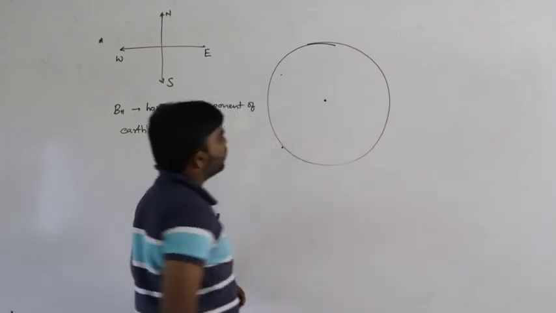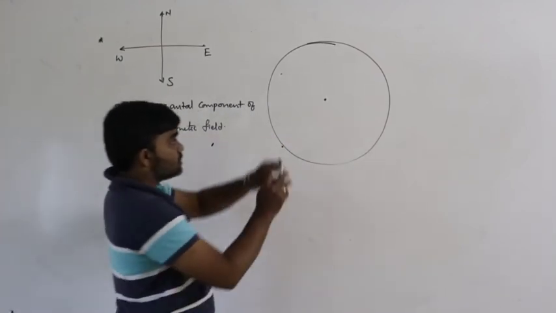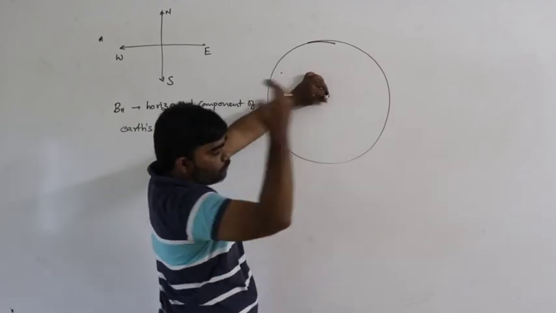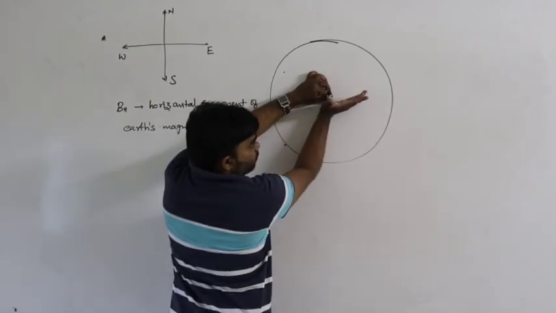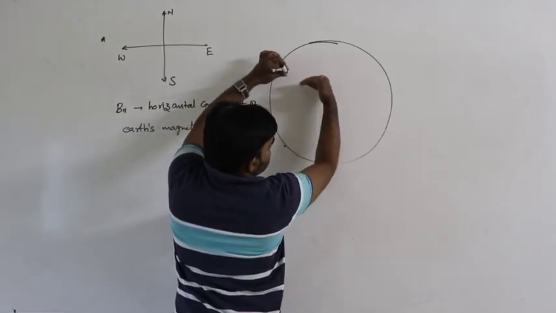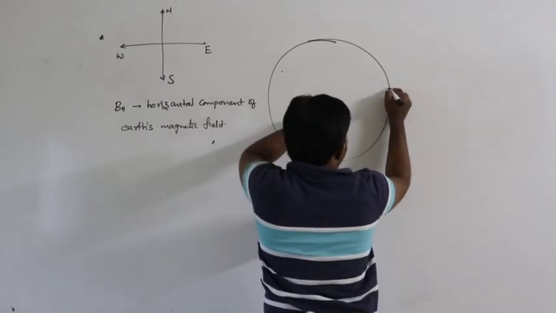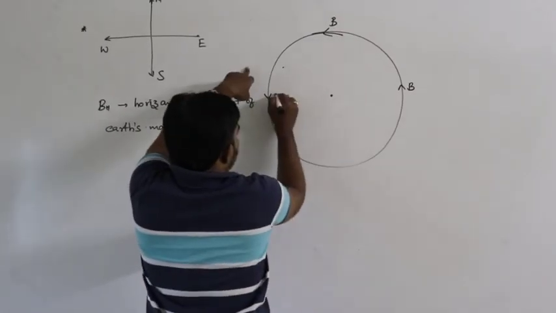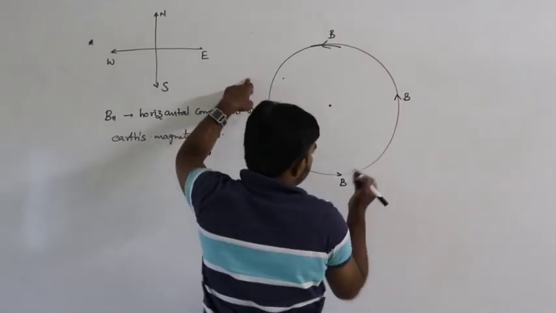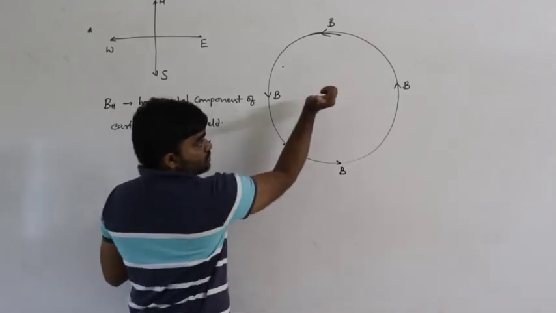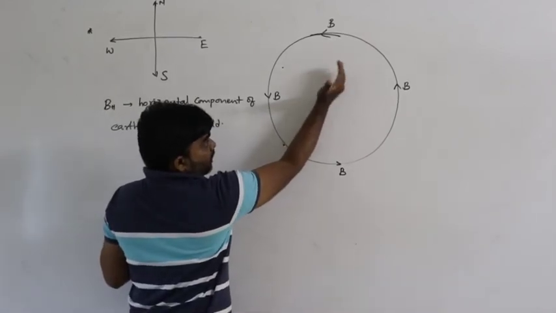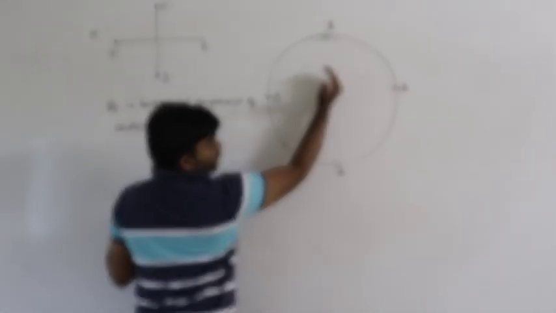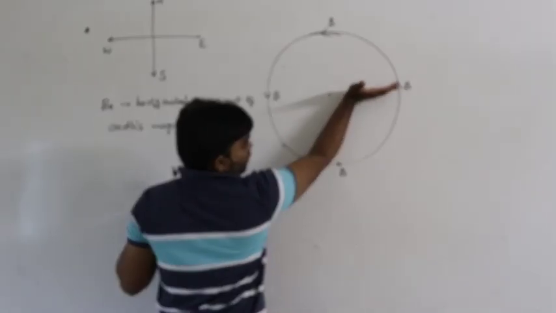Now see here, if the straight current carrying conductor is placed exactly at the center like this, and the current is flowing outwards, the curling of the fingers indicates the direction of the magnetic field. Here the direction of the magnetic field is B in different directions. The thumb indicates the direction of the current, and the curling of the fingers indicates the magnetic field.